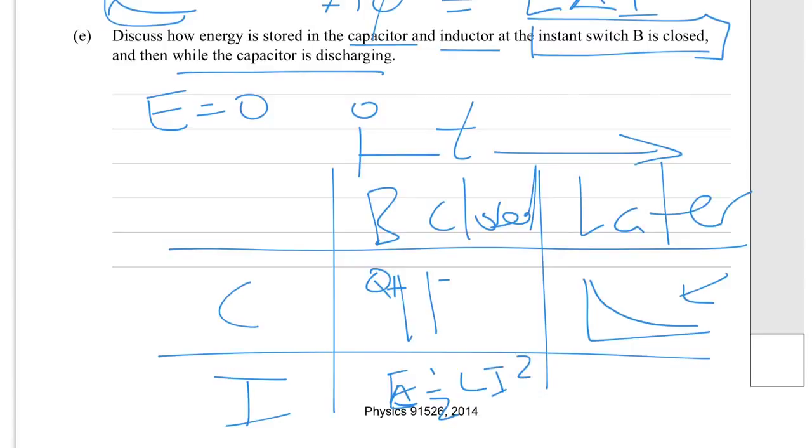So the larger the current, the larger the stored energy, and as the current is decreasing over time, you have maximum current initially, so later the energy is going to drop to zero.